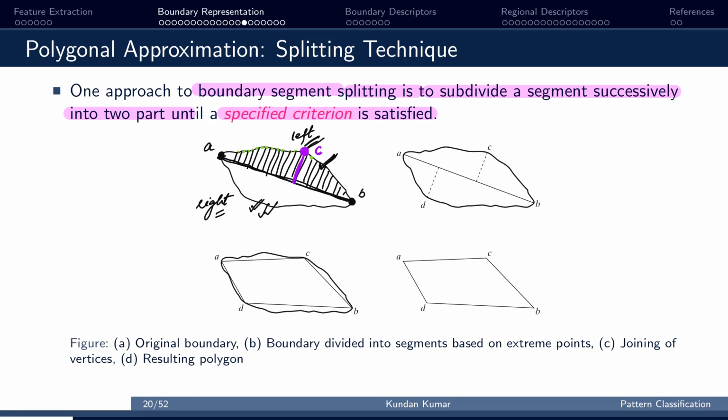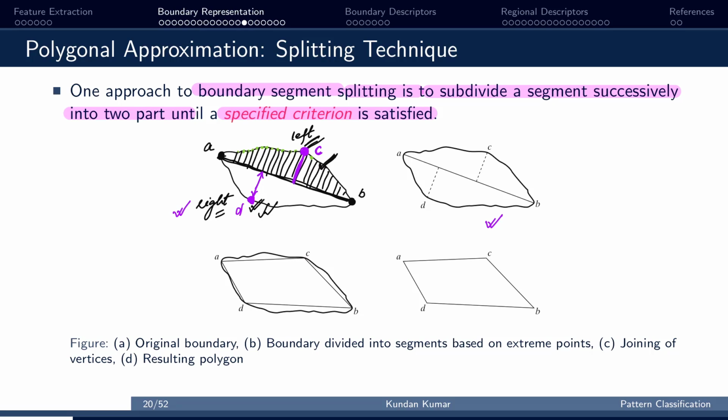Similarly, we will find the distance of each pixel in the set right, and we will check which pixel has the largest distance among all the pixels from the line segment AB. Okay, so if this pixel is at the farthest perpendicular distance from this line segment AB, then this will be our D. Okay, so then we will have this kind of representation.